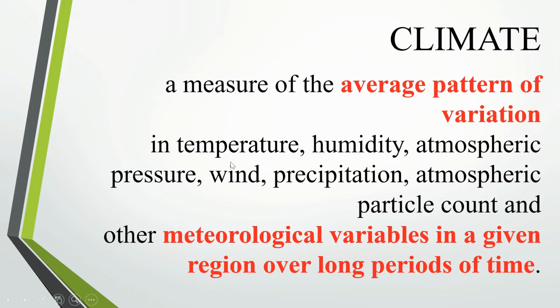Wind, especially the direction of air. Precipitation, the amount of rain or snow that is produced after the water cycle. Atmospheric particle count, and other meteorological variables in a given region or place over a long period of time.